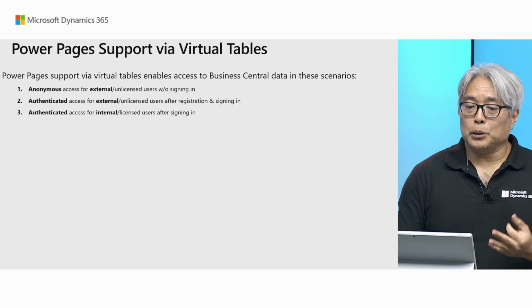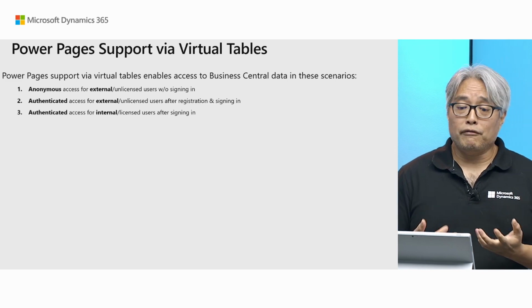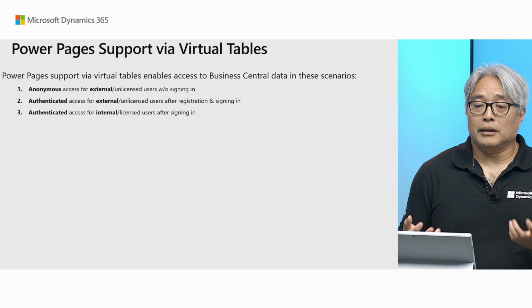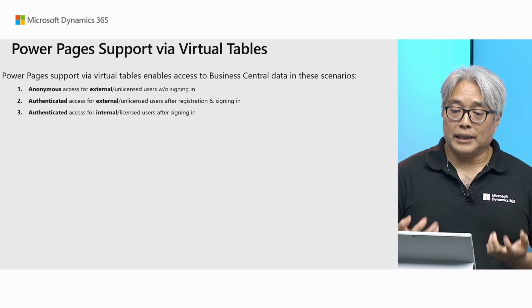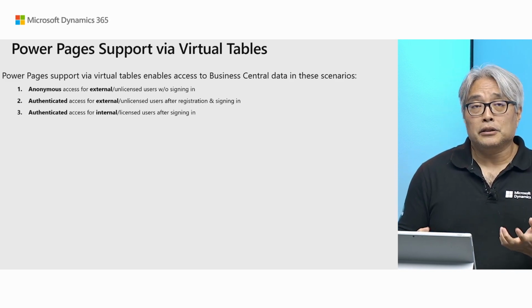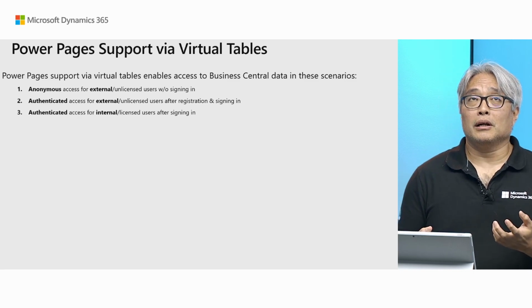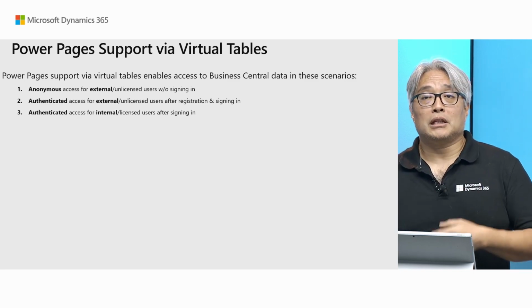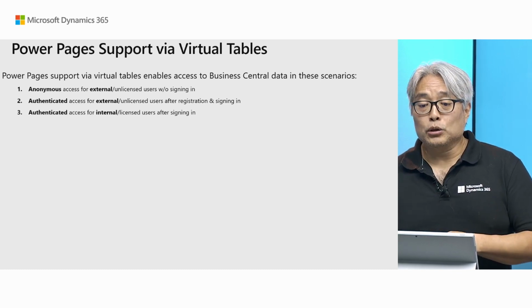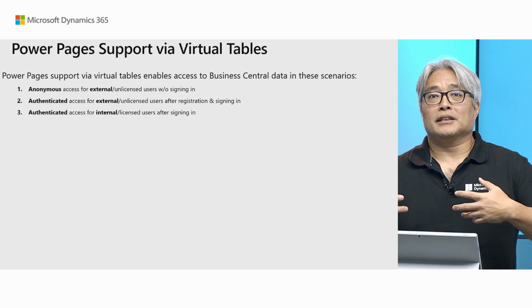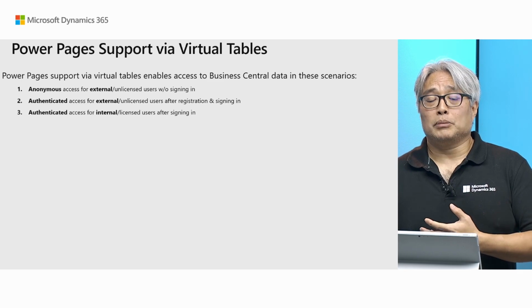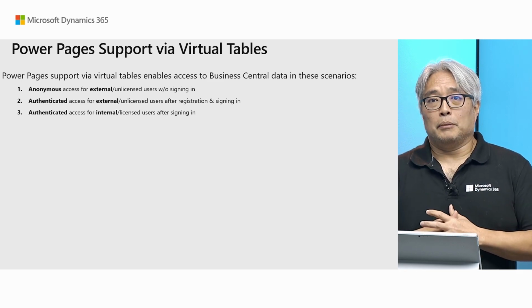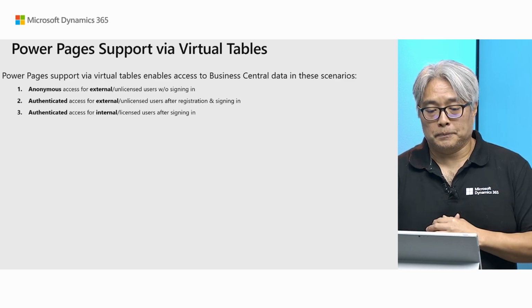The third scenario is essentially a scenario that you already have, for example, a virtual table access. This is authenticated access for internal or licensed users. Internal or licensed users can already access BC data using Power Apps like a model-driven app or using Power Automate, right? So now we're just extending that functionality of virtual tables to allow internal or BC licensed users to access BC data through Power Pages. All right.